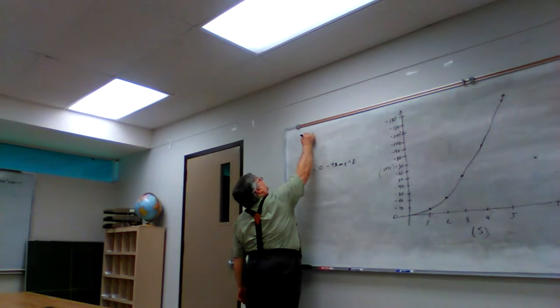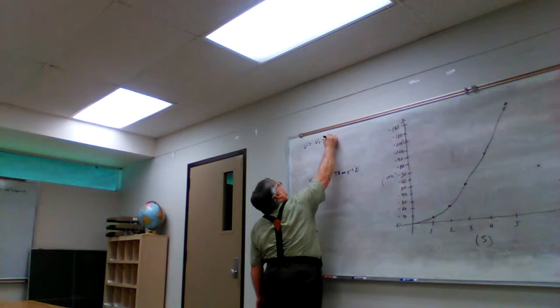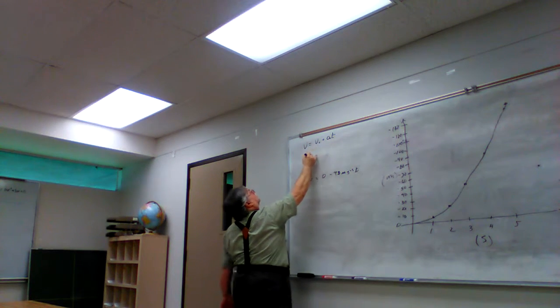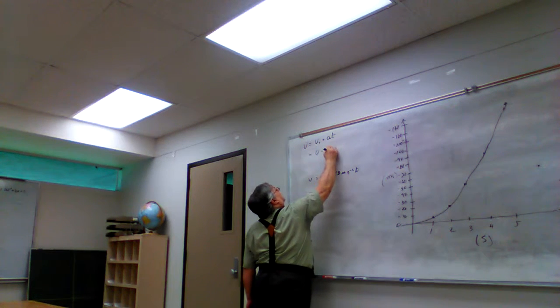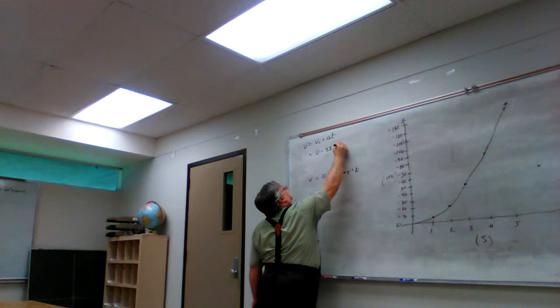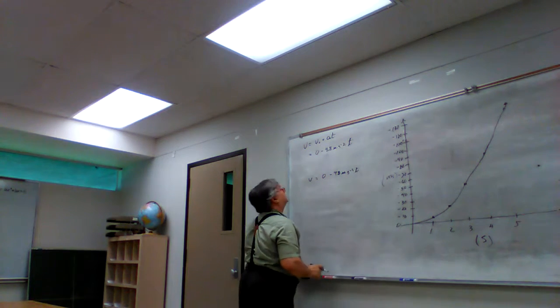We're using v equals v sub naught plus a t, which in this case is 0 minus 9.8 meters per second squared times time.